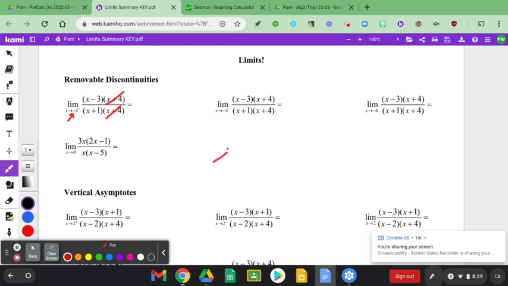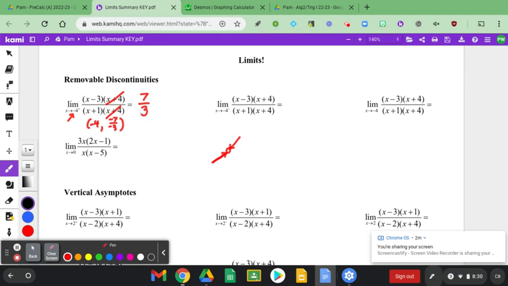Again, it had a missing point in the graph, but as I'm approaching it from the right and from the left, it's really approaching whatever that y value basically should be in the graph. So to find the limit on this, all we have to do is find what the ordered pair would be for my removable discontinuity. If I put -4 in, I get -7 over -3, which is +7/3.